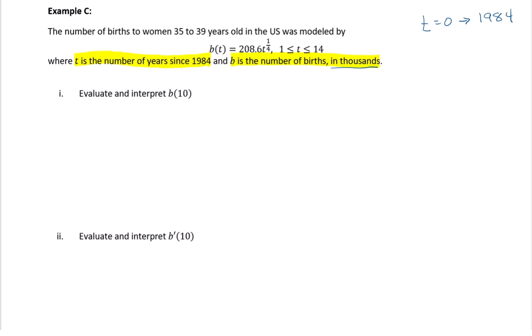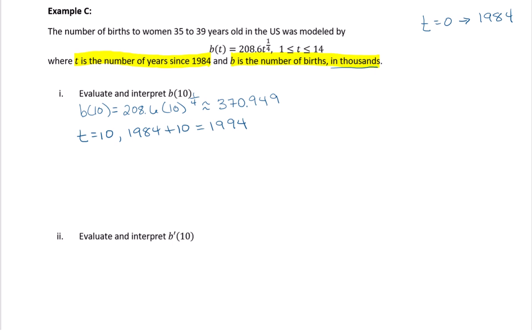Let's plug 10 into our function, and we get approximately 370.949. So we have found the number of births in thousands, and remember 10 is our t. If t equals 10, that would be 1984 plus 10 years, so we're looking at 1994.